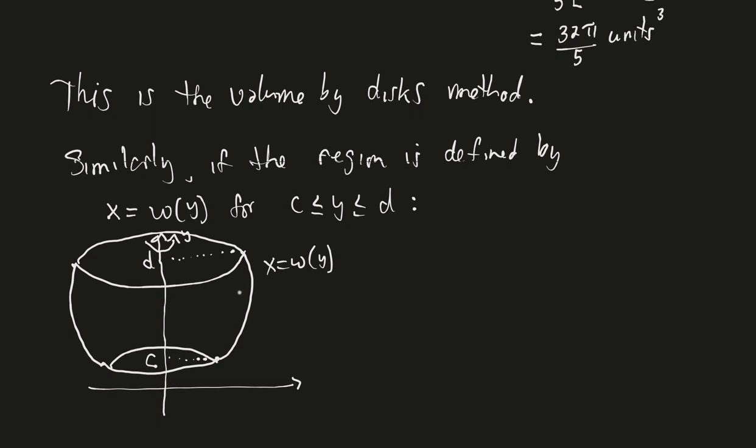Well, we can use the exact same disk approach. It's just that now the disks, instead of going around the x-axis, they would go around the y. One of these disks would look like this, going all the way around.